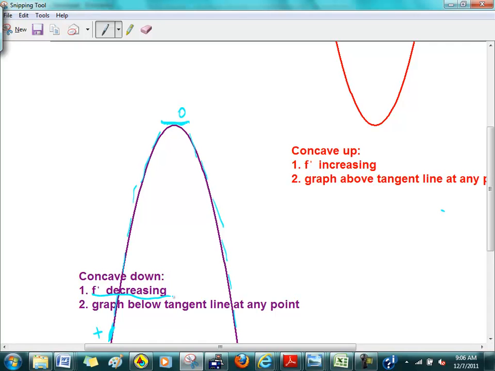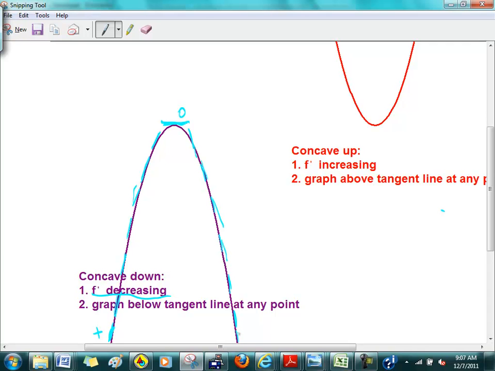Do you then agree with statement number 2, that the derivative is decreasing? In other words, the slope of these tangent lines that you see are getting smaller and smaller. Once you go on the other side, the slope is negative. It's a negative number, but you can see that it's getting a lot steeper here, isn't it?